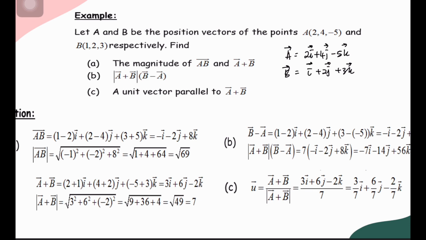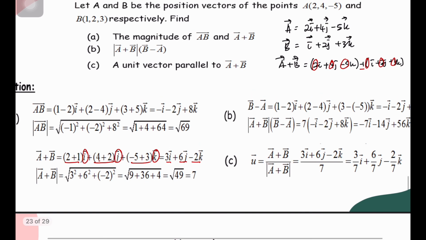So if you want to find A plus B first, you need to add 2i plus 4j minus 5k with i plus 2j plus 3k. So 2 plus 1 for i, 4 plus 2 for j, and negative 5 plus 3 for k. So 2 plus 1 gives 3i, 4 plus 2 gives 6j, negative 5 plus 3 gives negative 2k. So this is the vector A plus B.